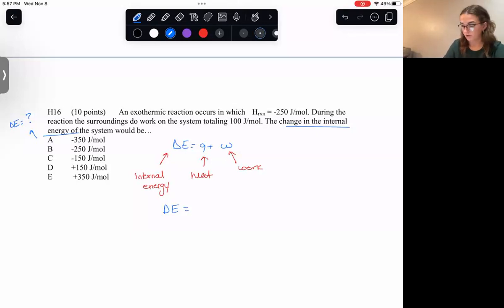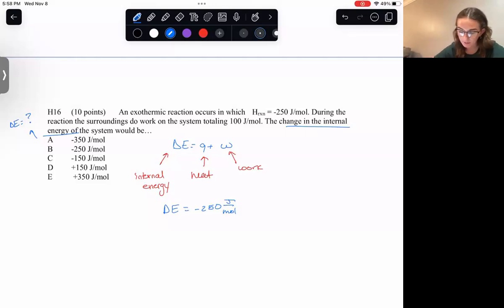What is delta H here? Yep, delta H will be equal to Q. So we can say directly that 250 joules per mole is being released from the system, right? The system is losing 250 joules per mole of energy.